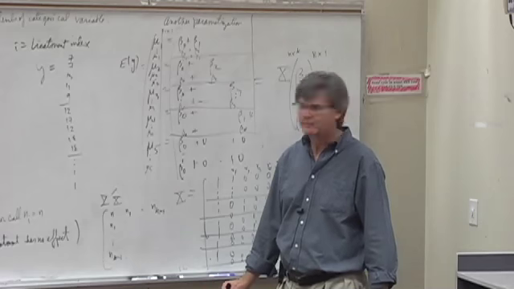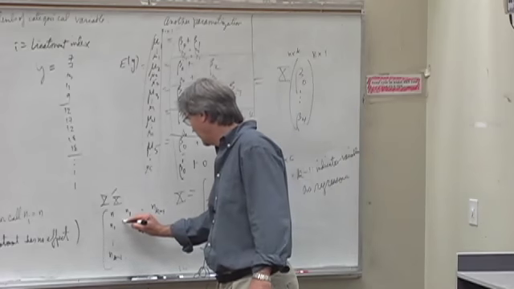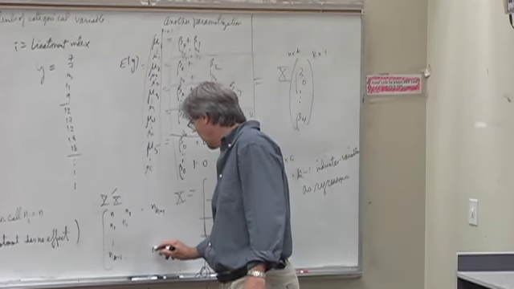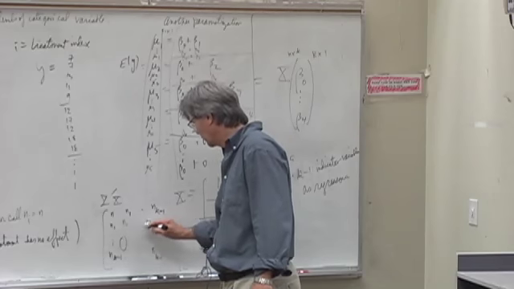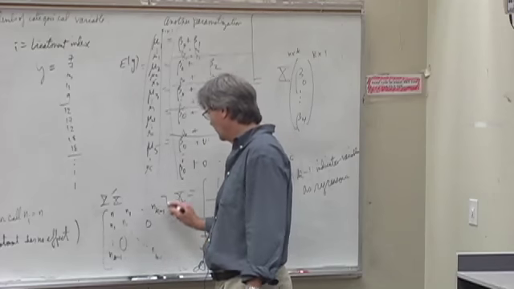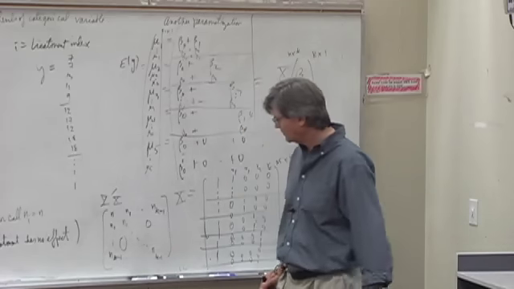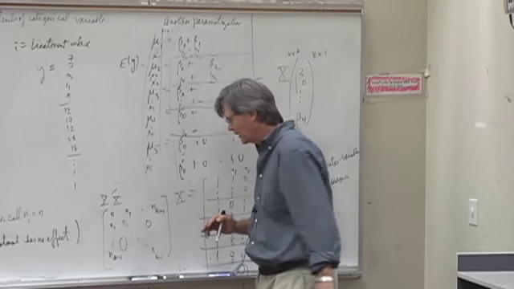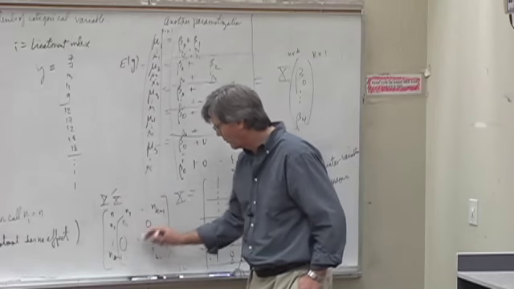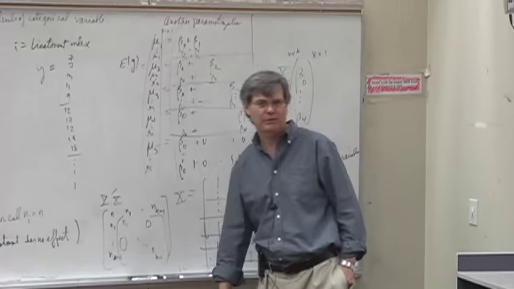And then I have n1 down to n sub k minus 1 on the diagonal, and zeros off here. It's not a diagonal matrix, but most of it is a diagonal block.